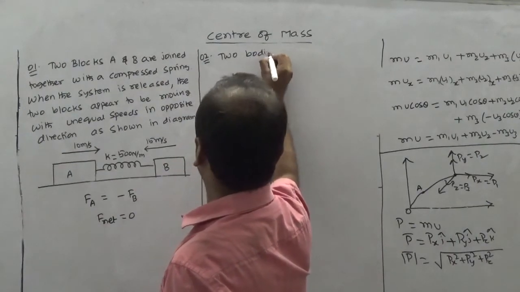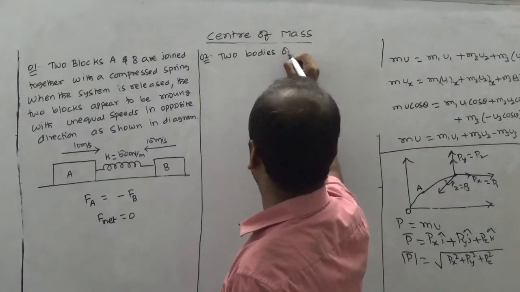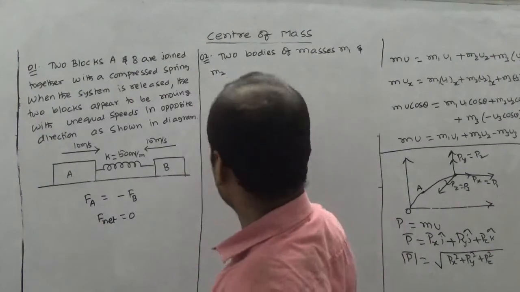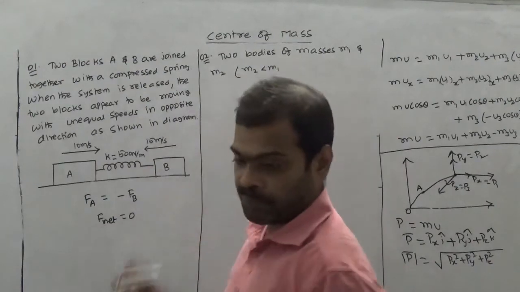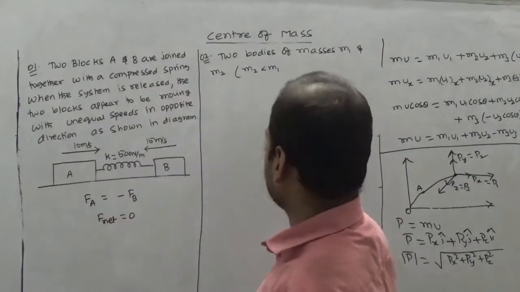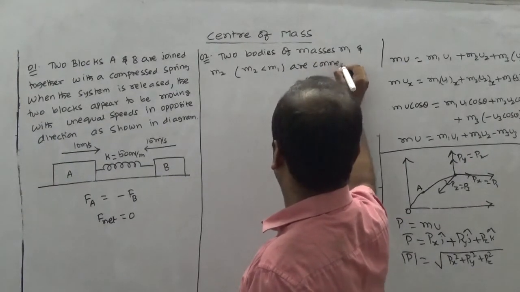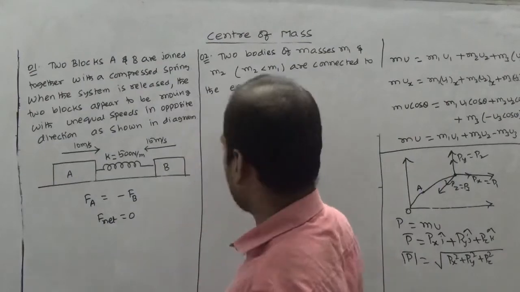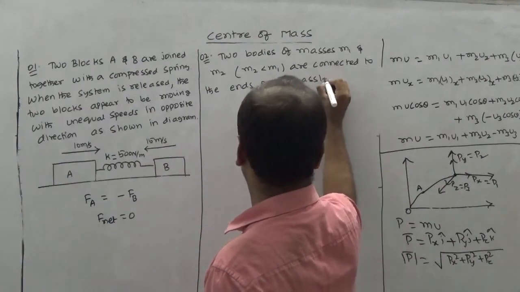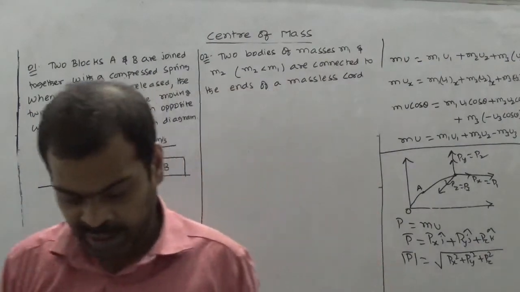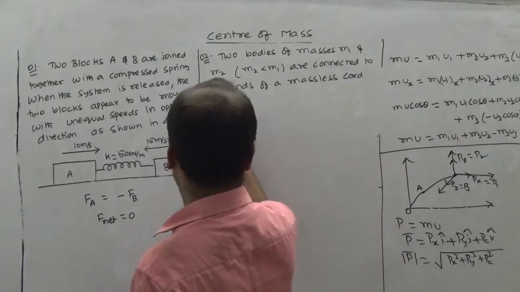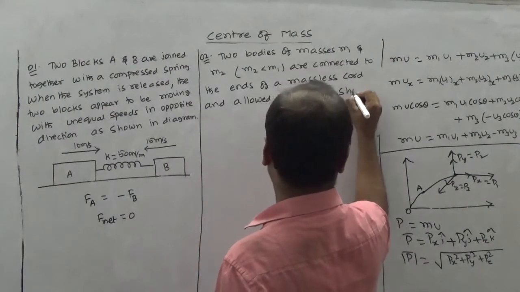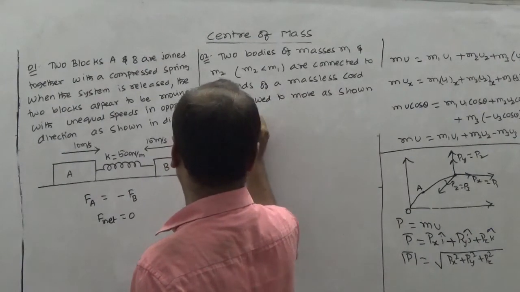Two bodies of masses m1 and m2, such that m2 is less than m1, are connected to the ends of a massless cord and allowed to move as shown in the diagram.